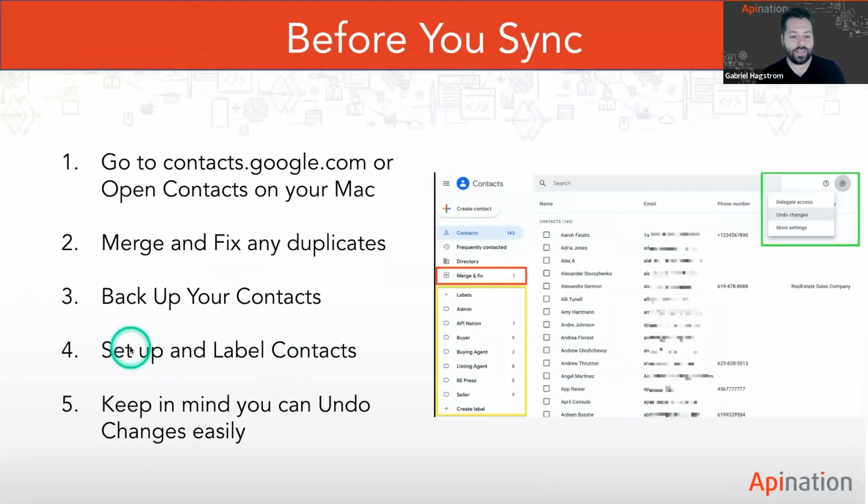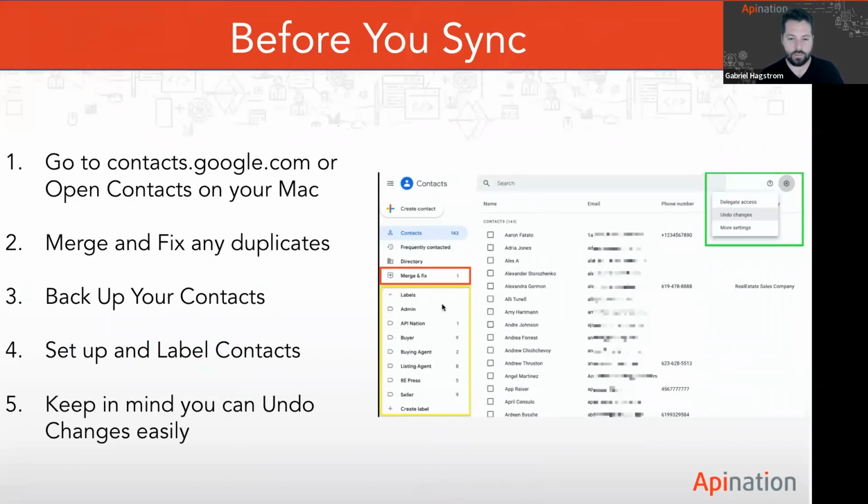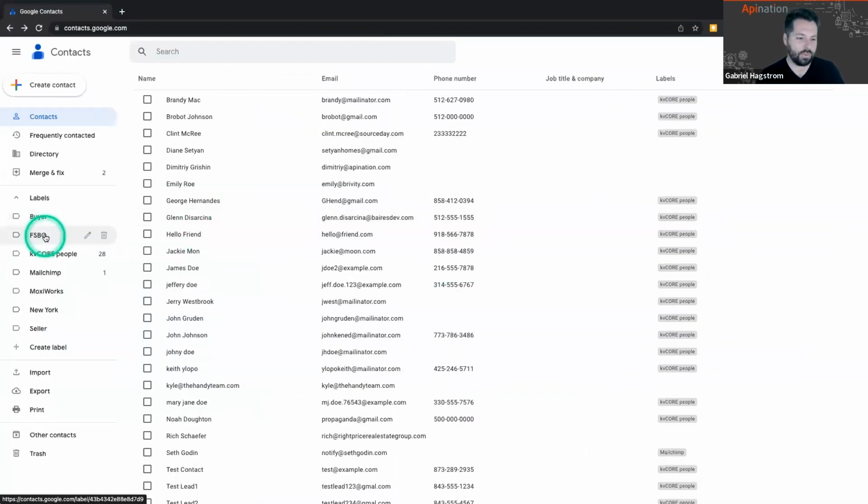And the last thing I would suggest you do before you start this syncing is just get your labels set up so that when you start your sync, it's going to make the most sense to you. So for example, over here, I have some example labels, but you would probably want to think about how you want to organize your contacts in Google. And maybe you want to organize them so that they mirror KW Command.